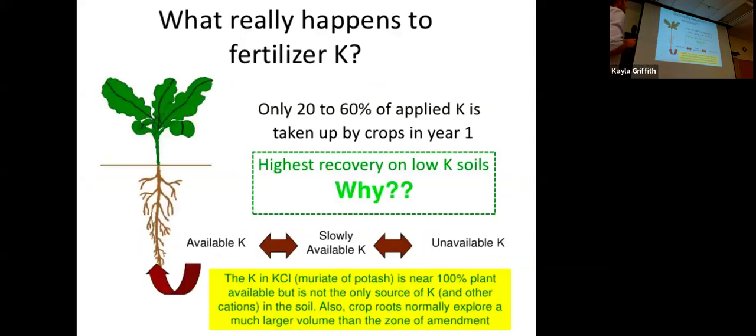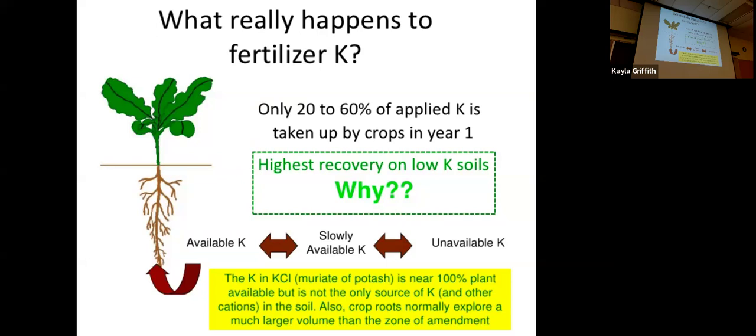So in any given year, only about 20 to 60% of the applied potassium is taken up by crops. Why is this? Well, like I said before, there's a whole interesting ecosystem of interactions going on with potassium. There's potassium in solution, there's potassium that's exchangeable on the surface of minerals. Then there's that weird squishing, fixing mechanism, and then there are even more immobile components of the large 98% pool of bound or mineral potassium.